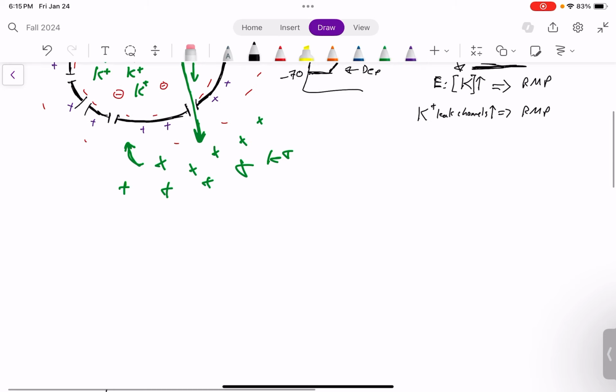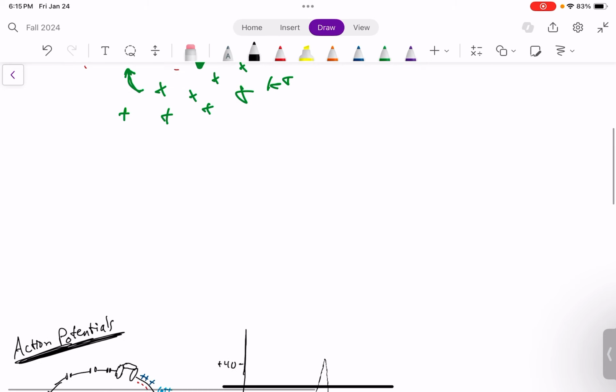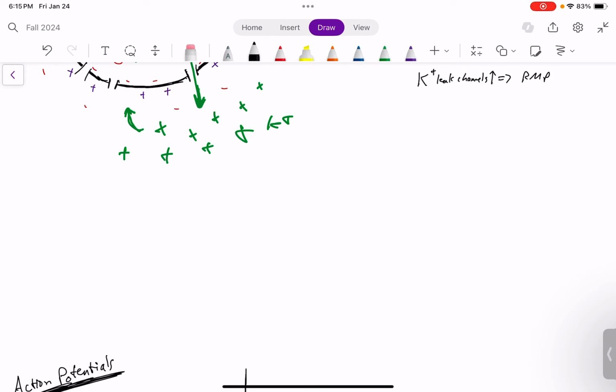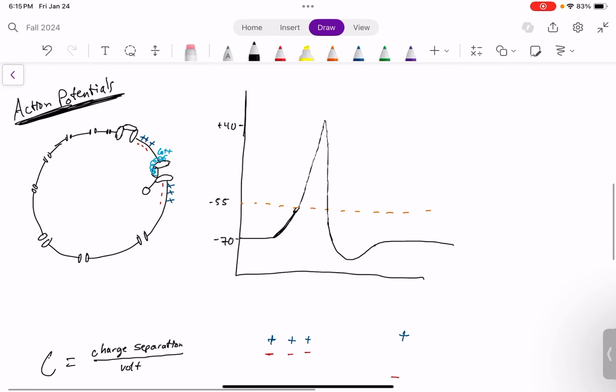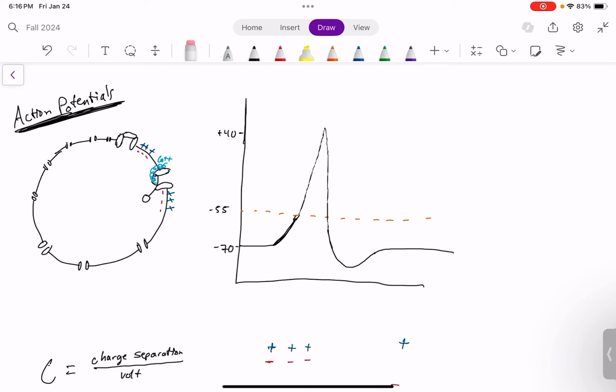Now, let's move on to talking about action potentials. Now, an action potential looks like this. Isn't this beautiful? So this is the graph of what the voltage of the cell looks like as it goes through an action potential.